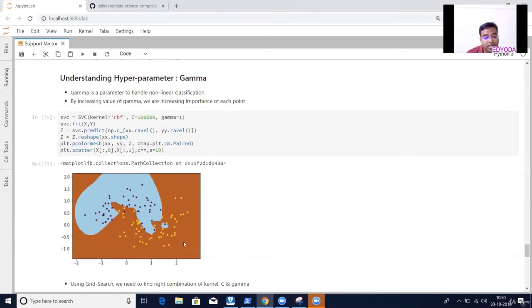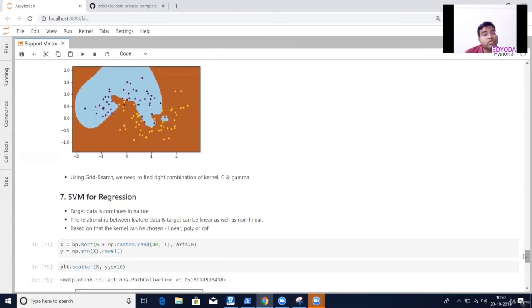A higher value of gamma will make your model have higher variance, like it might not work the same for testing and training data. So you have to find the right balance between C and gamma. That is where grid search techniques come into the picture. With SVM, it is a common practice to use grid search so that we can find the best hyperparameters.